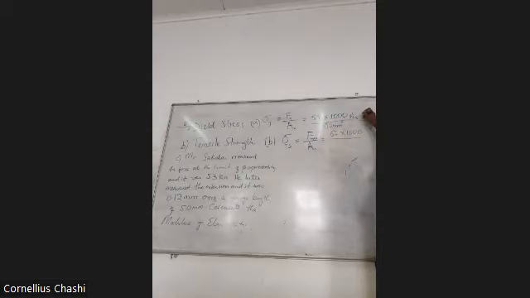Then we had our answer, 6.058, in newtons per millimeter squared. So here we have this multiplied by 90, which is equal to megapascals.